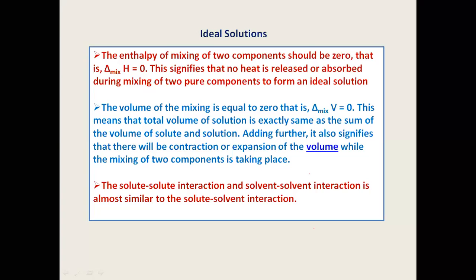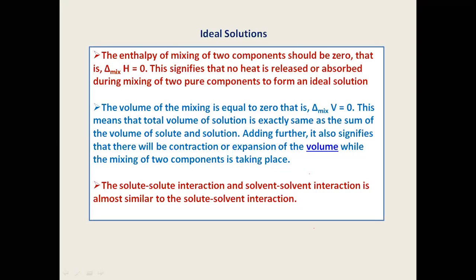What is the volume of the solution expected? Because this is an ideal solution, the volume should be exactly equal to 2 liters. But this does not happen in all solutions. In non-ideal solutions, either the volume contracts or the volume expands. But in an ideal solution, no contraction, no expansion. Delta V mix should be exactly equal to 0.